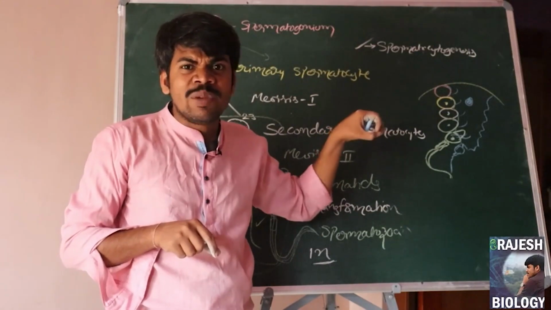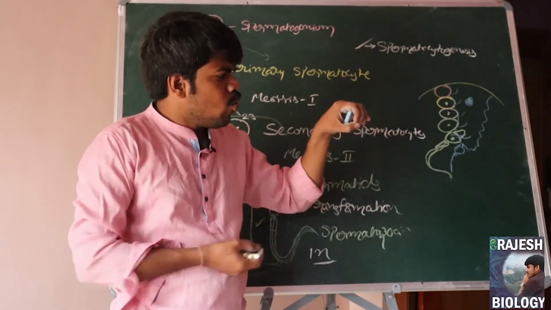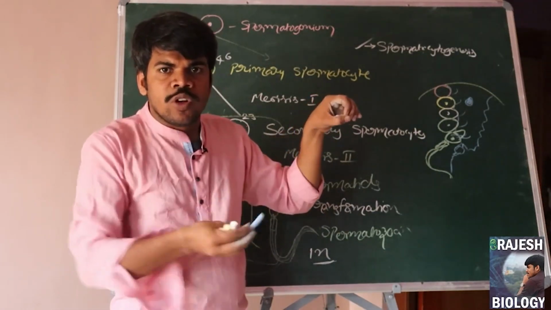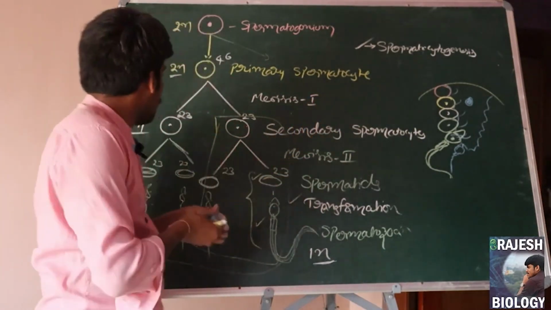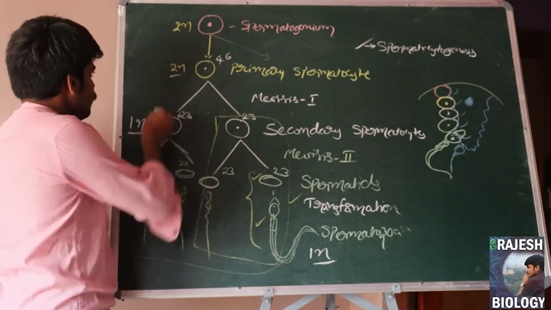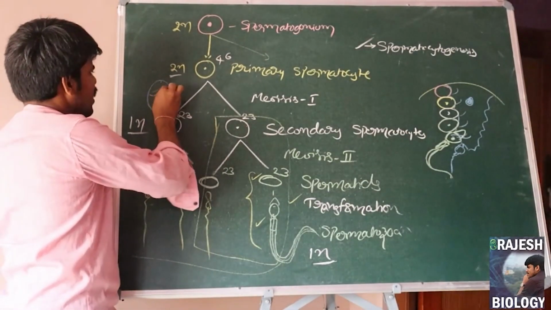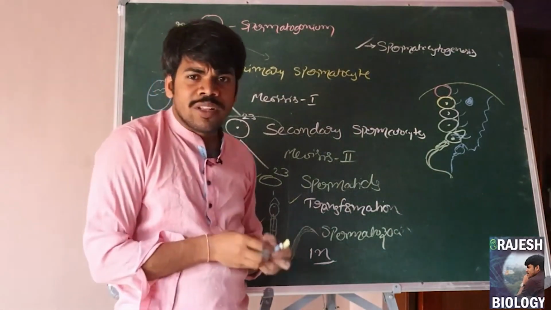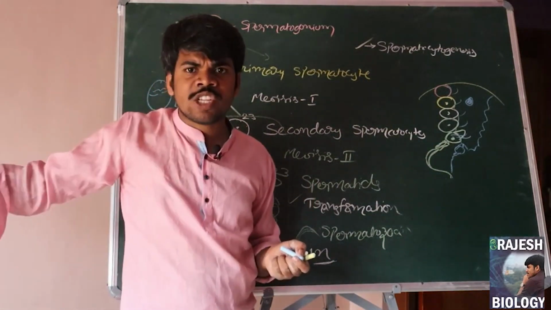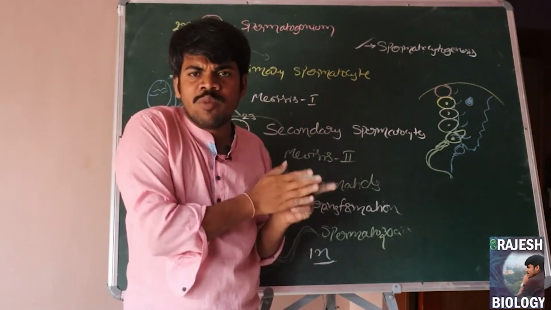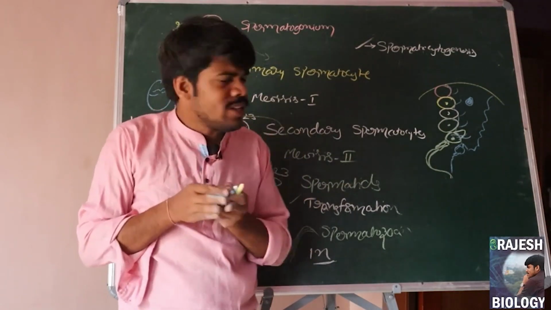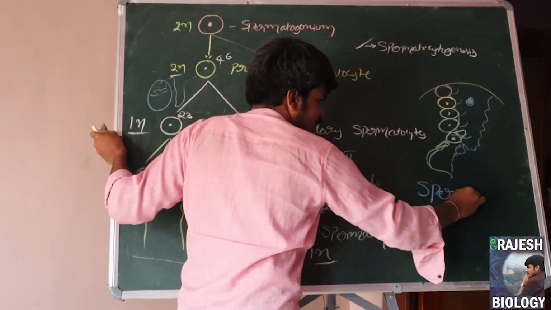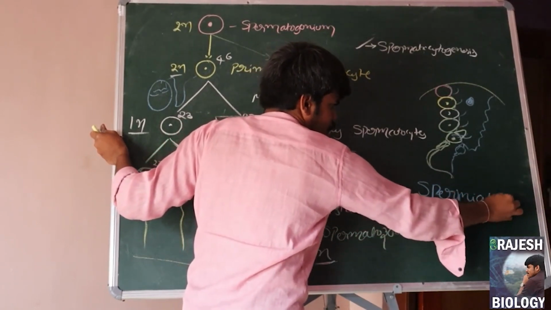Which tube is it? It is a seminiferous tubule. Once it is released, it comes out from the seminiferous tubules into the testis. From here it goes to the epididymis, vas deferens. So the releasing of sperm cells from the seminiferous tubules is called spermiation. Very important. Spermiation.